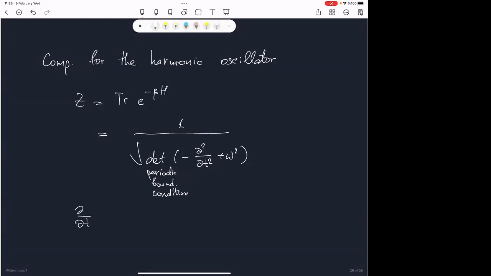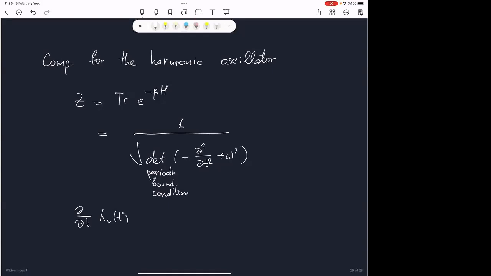Let me use lambda for this situation. The eigenvalues of d/dt, let's call them lambda n, with eigenvector, which is a function of t.